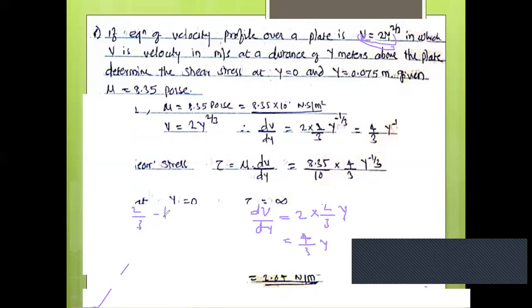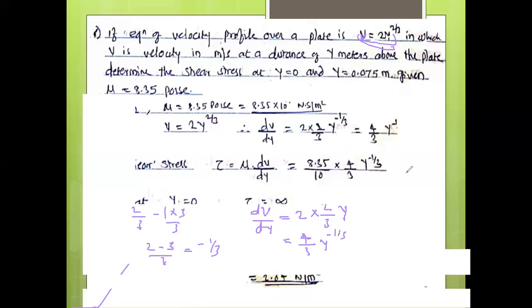Now here to make the denominator same, I have to multiply by 3 and divide by 3. So I will get 2 minus 3 divided by 3, which is minus 1 by 3, right? So it has come minus 1 by 3. Now I can write this equation dv by dy is equal to 4 by 3 into 1 upon y raised to 1 by 3.